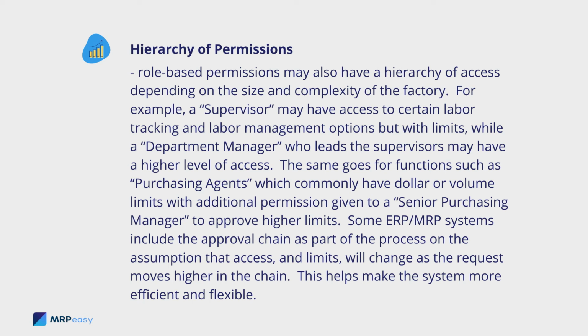The same goes for functions such as purchasing agents, which commonly have dollar or volume limits, with additional permission given to a senior purchasing manager to approve higher limits. Some ERP MRP systems include the approval chain as part of the process, on the assumption that access and limits will change as the request moves higher in the chain. This helps make the system more efficient and flexible.